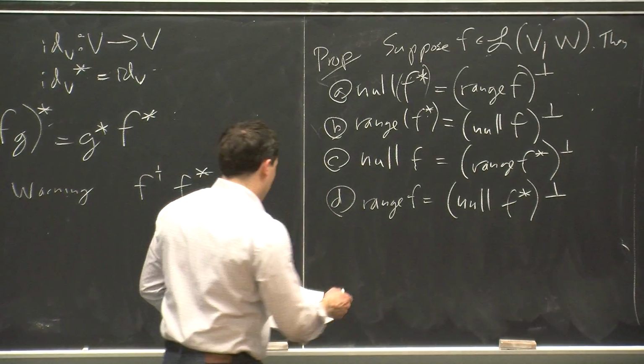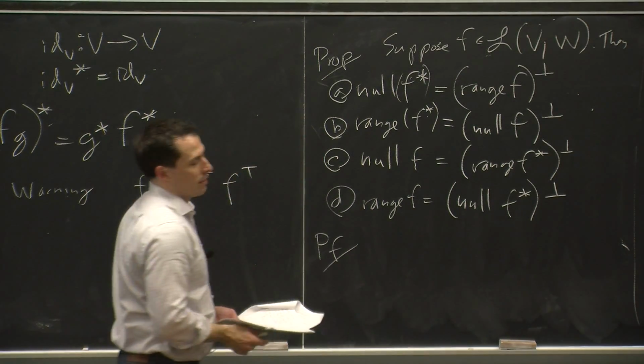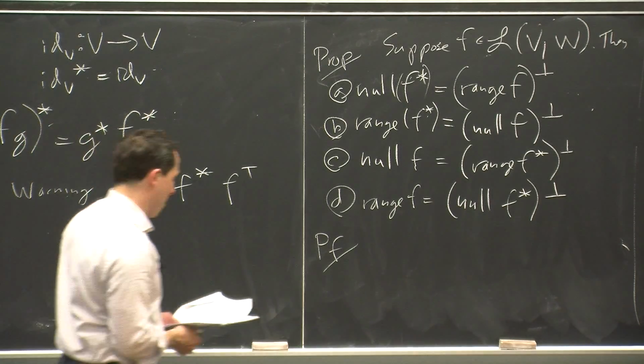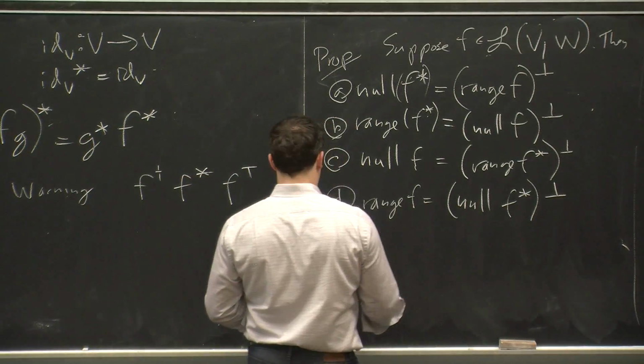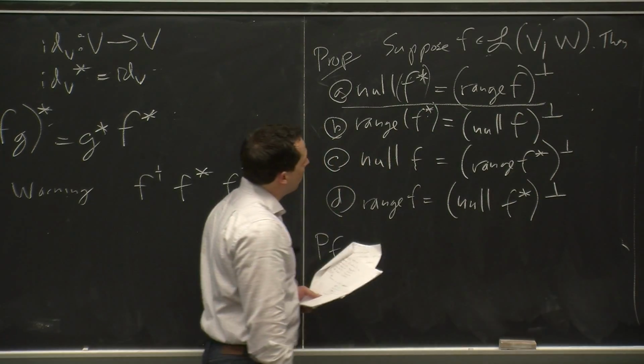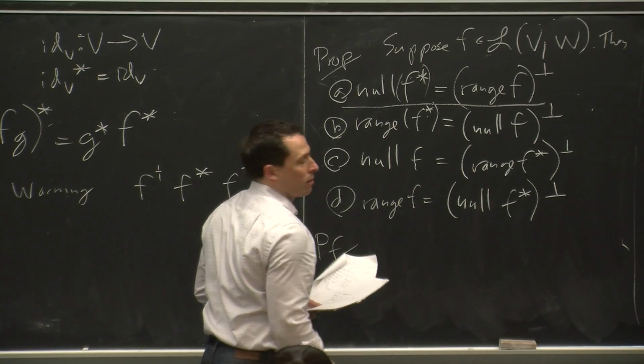So for the proof of this, we're really just going to prove one of these statements, and then the rest of the statements follow by a very similar argument. So let's look at the first one, A, and consider what it means to be in this null space.